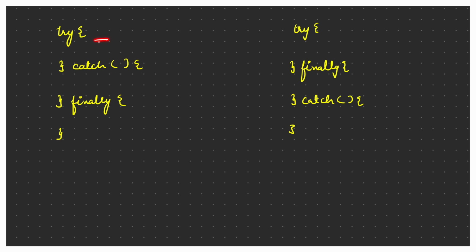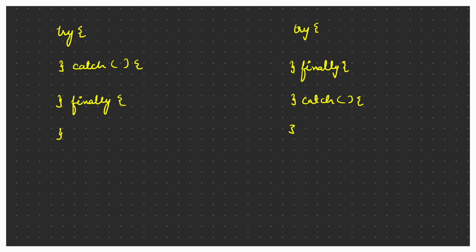Now whenever any exception is thrown by this try block, the exception will search for the nearest catch, it will be handled by this catch block, and then finally will get executed. But in this case, when there is an exception inside this try block, it will search for the nearest catch, but there is a finally which is following this try block.